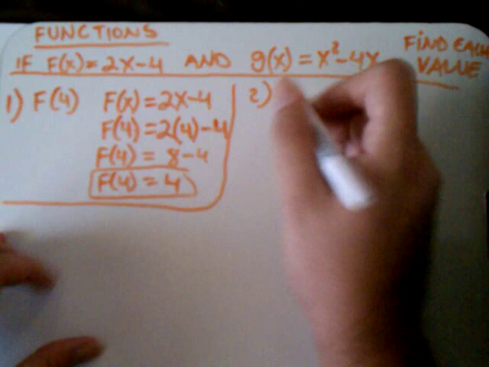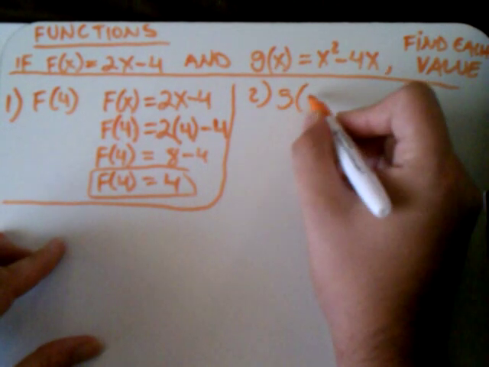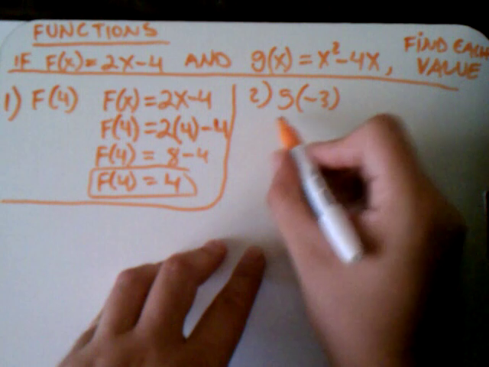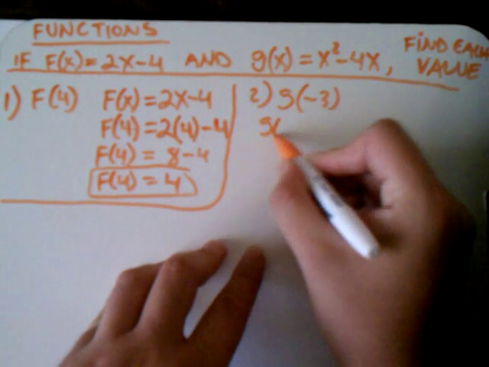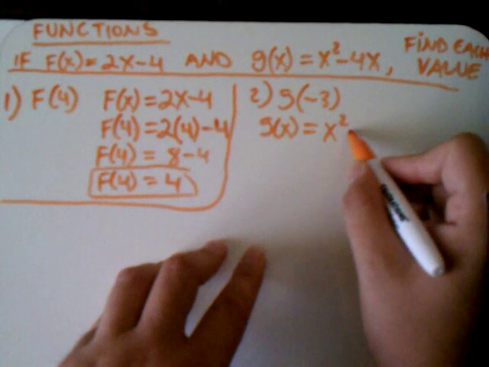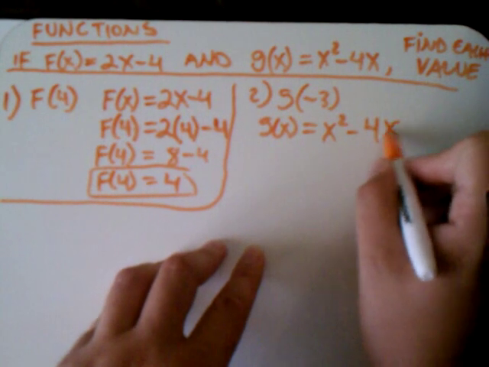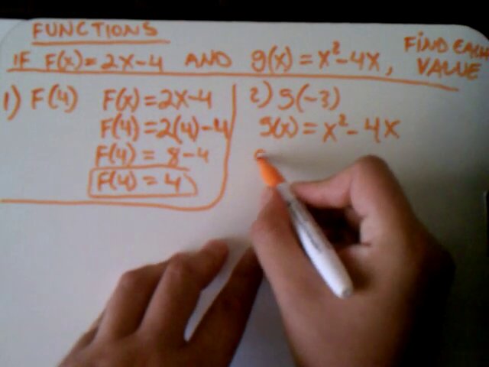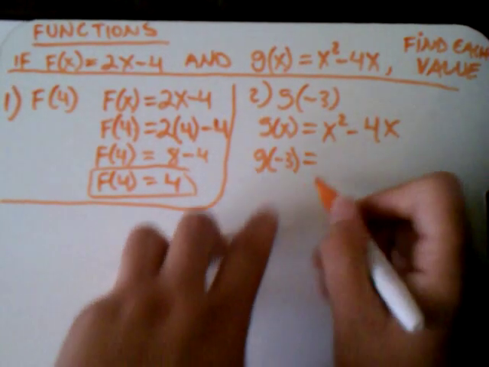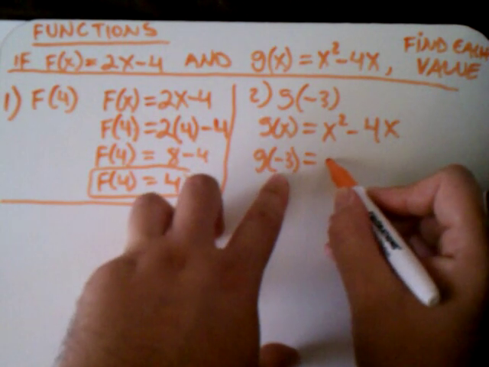Number 2 says g of negative 3. Okay? So I'm going to use g of x equals x squared minus 4x. Again, we're doing g of negative 3. Instead of the x, we're writing negative 3.